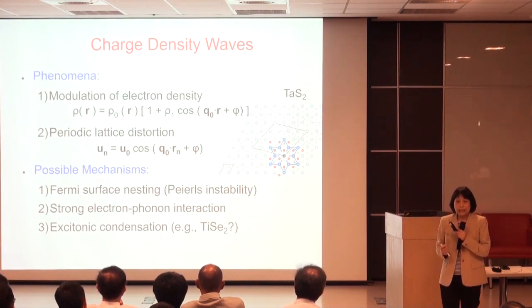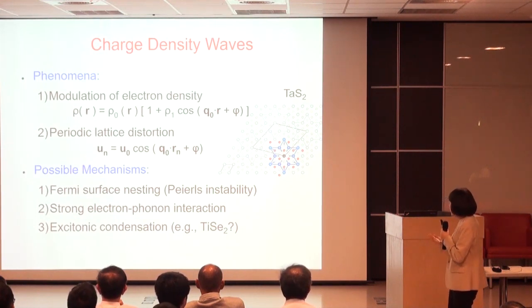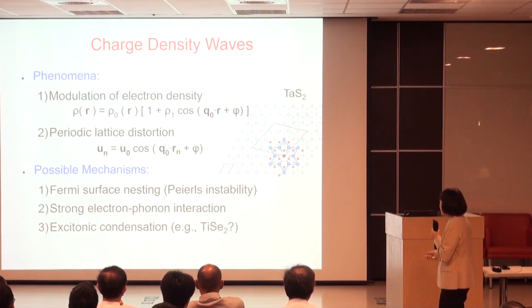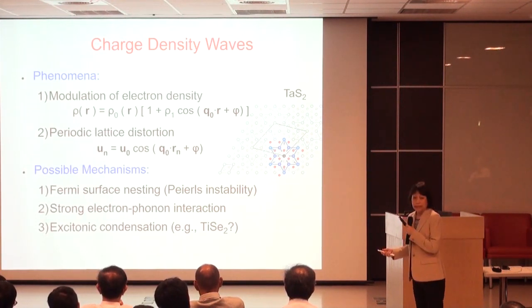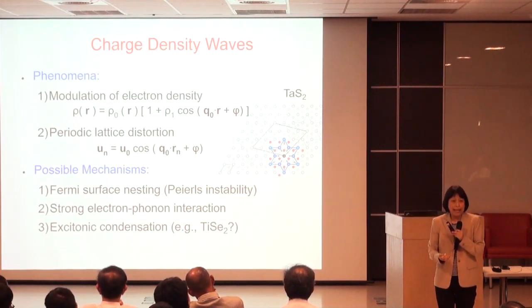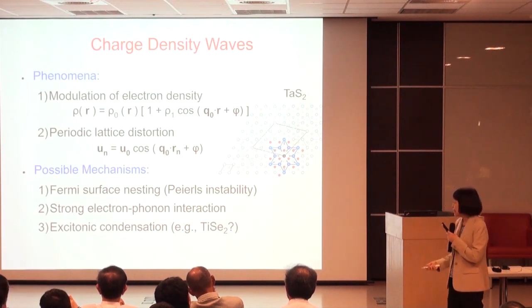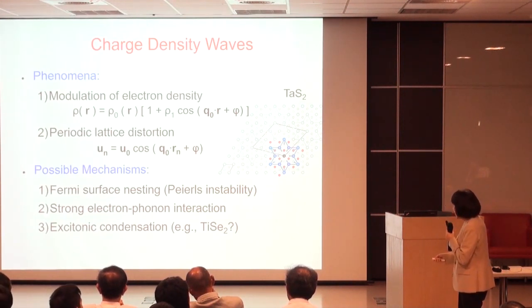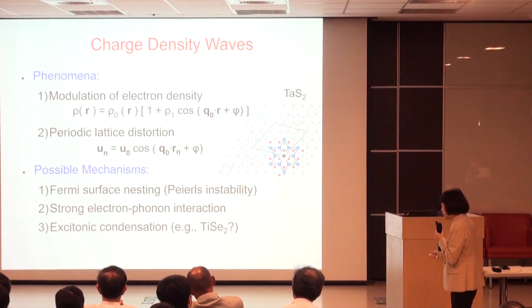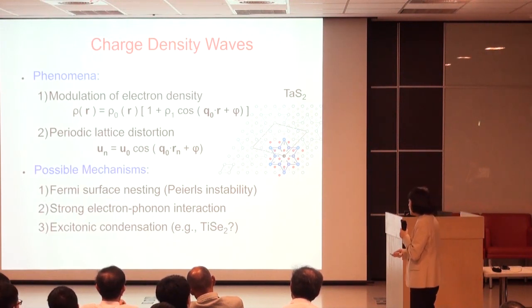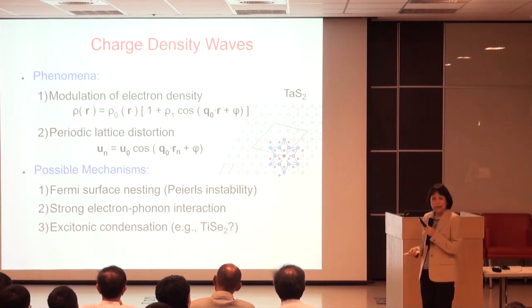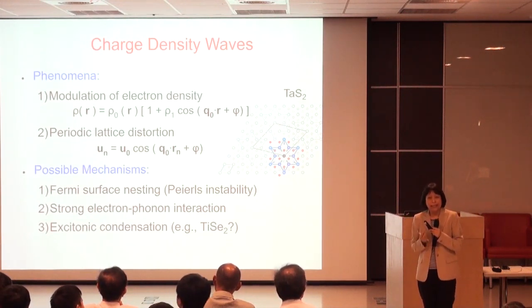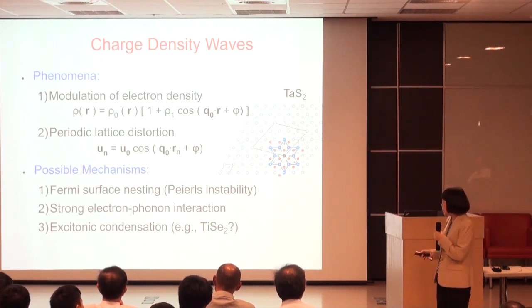Okay, so it's a very unique system, and there are all sorts of proposals in the literature about the mechanism, why this would happen. I will not go into the details, but for physicists, this is a very exciting playground to test all the theories and to see whether you could reproduce what has been observed in the experiments.